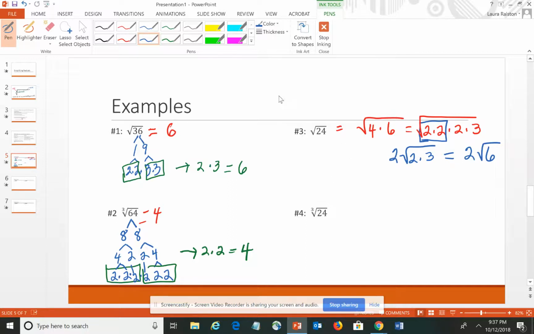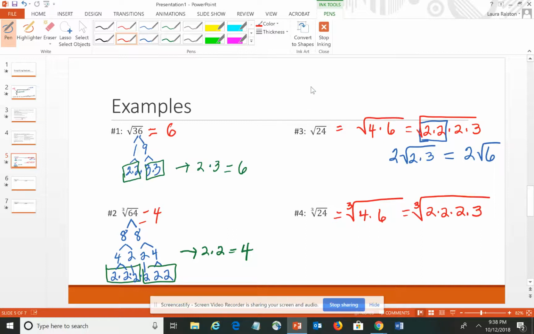The fourth problem is the cube root of 24. I did this on purpose so you can see the difference between the two. With 24, again, we know that it is 4 times 6, or breaking it down further, 2 times 2 times 2 times 3.